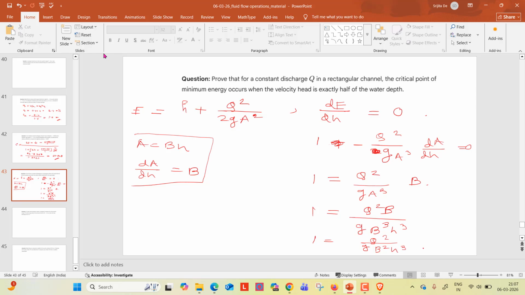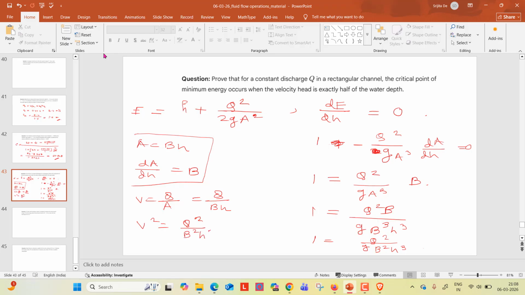Another thing is there, like V equals Q by A. We know A is again Q by BH, right? So what can be written? So Q by BH, so V square can be written as Q square by B square H square, right?